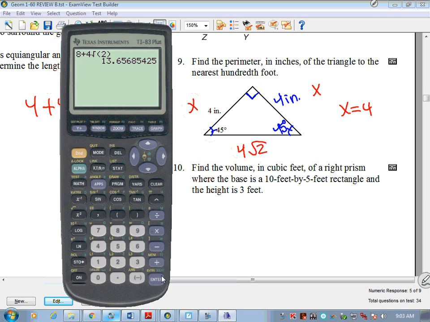I would make that 13.66. Let's see what their answer is. Yep, 13.66 is my answer. 4 plus 4 plus 4 radical 2 is 13.66, and that's the work that I want to show.